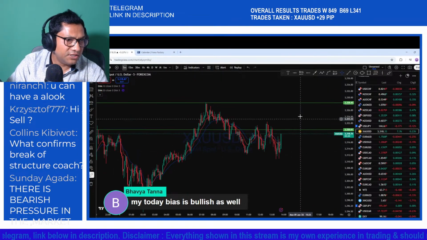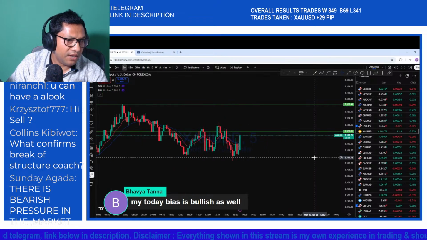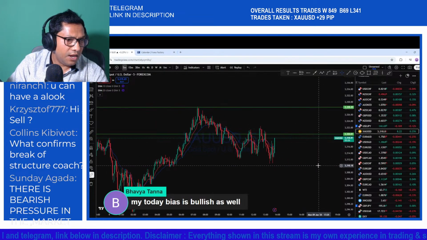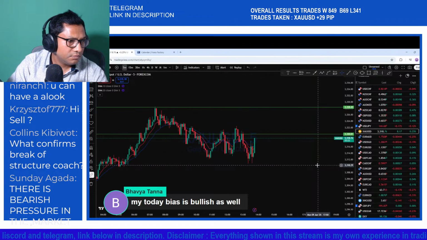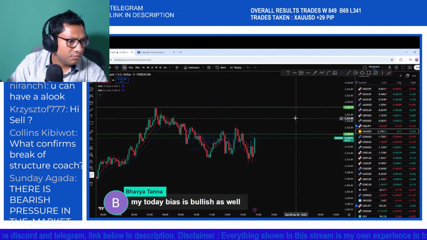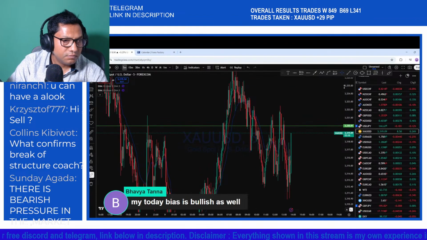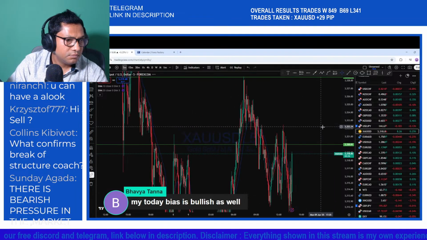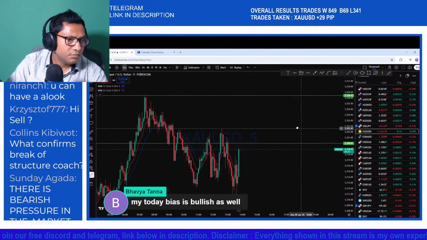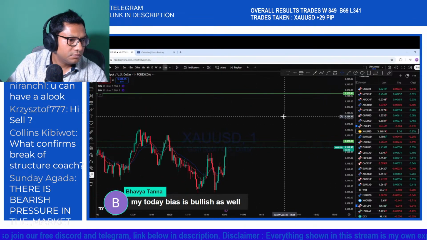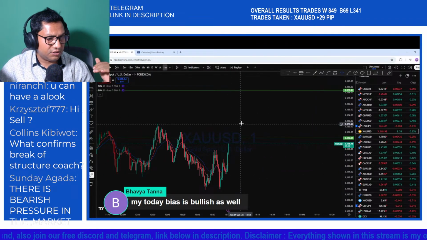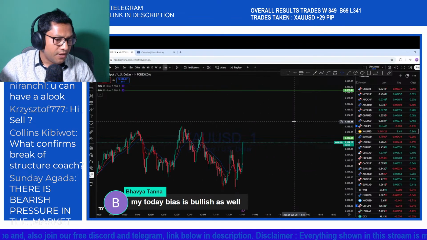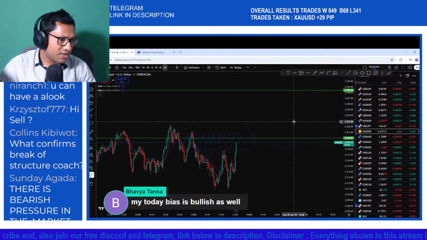Going to the 5 minutes, these are some of the levels, and that's where you can see the price is trying to push back here with another momentum.